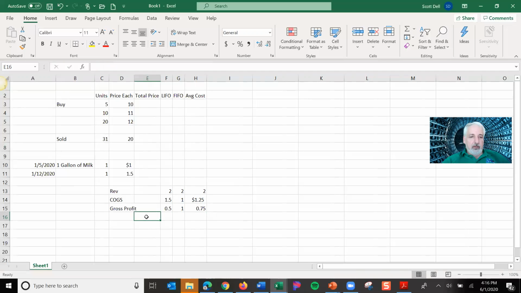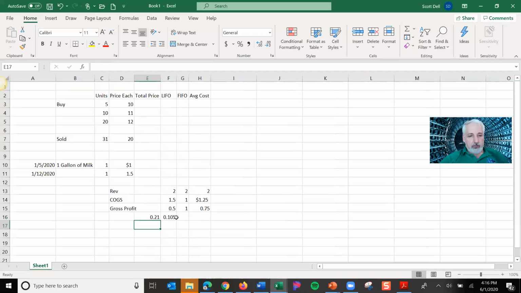Why? Because I have a corporate tax rate of 21%. If I multiply my tax rate times my gross profit, I'm going to end up with 10 and a half cents, actually.